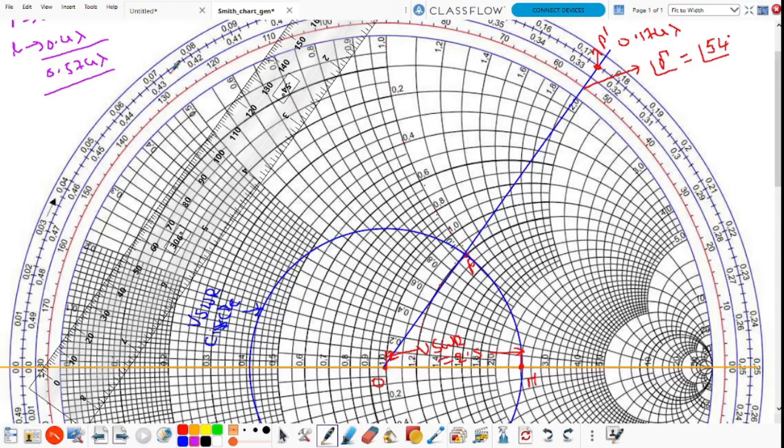So this is 0.074, and this point is 0.574 lambda approximately.